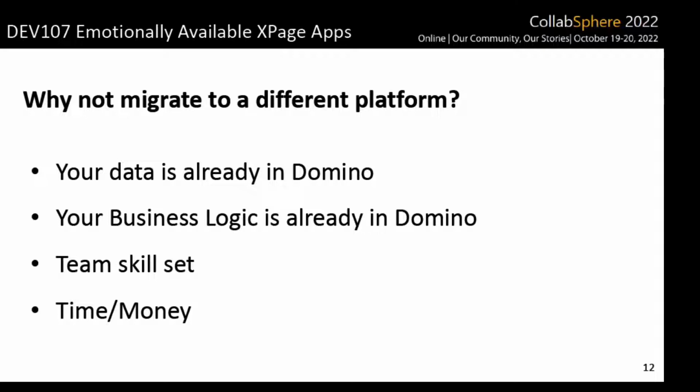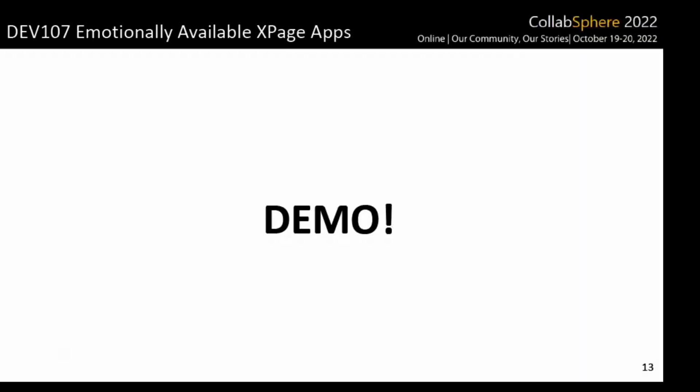And then finally, if you've spent a lot of time building your enterprise applications, your management team might not always have the appetite with time and money to just transition that to another platform, and we've all seen that it's just not that easy to do.